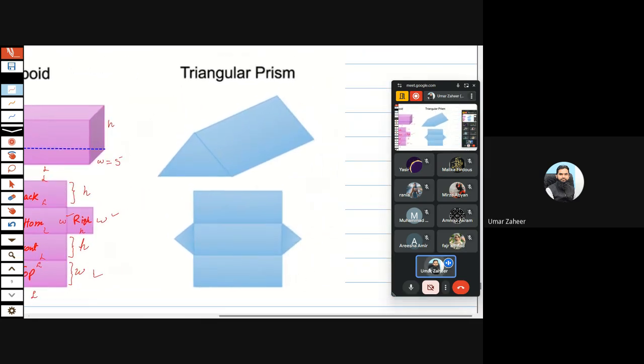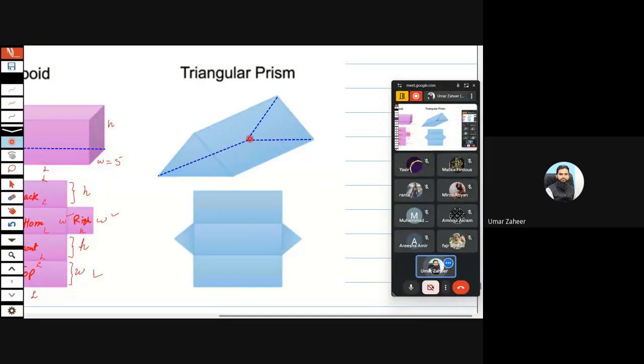Okay, next we have a triangular prism. We already discussed that a prism is a shape in which the cross-sectional area is the same throughout. So throughout same means when you make a shape here at the back, it is exactly the same triangle. Throughout you have the same cross-sectional area.